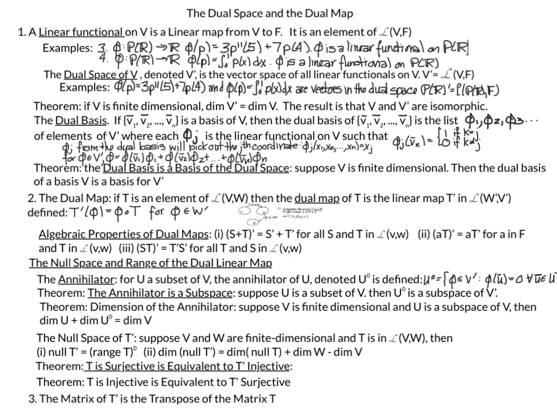To review what we have covered in this video, we have looked at the dual space and the dual map. We started by defining a linear functional. So a linear functional on V is a linear map from V to F. It is an element of the set of linear functions from V to F. So examples included the functional going from the polynomial space to R, which is defined by 3 times the second derivative of our polynomial evaluated at 5 plus 7 times the polynomial evaluated at 4.